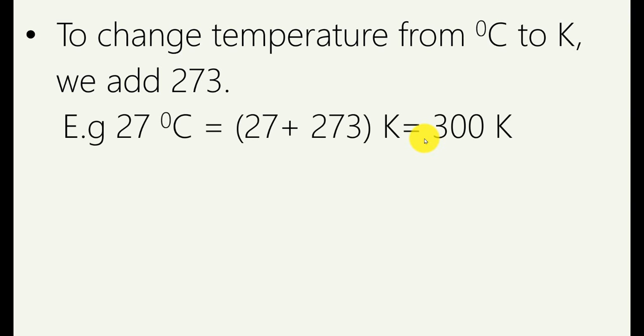An example: if you have 27 degrees Celsius and you want to convert to Kelvin, you add 27 plus 273, and you end up with 300 Kelvin. All right.